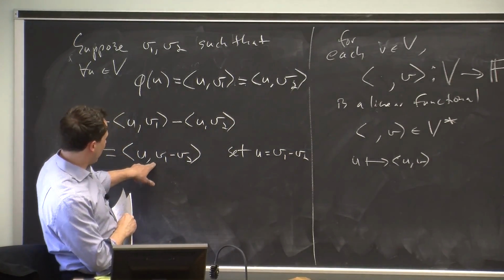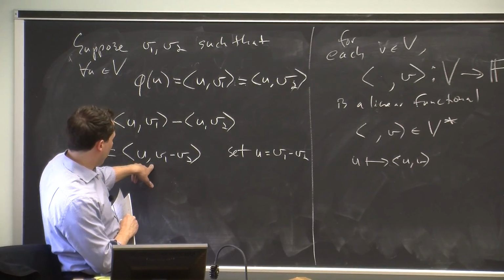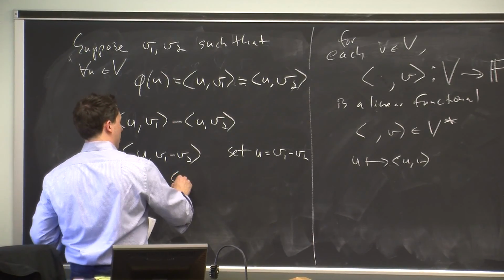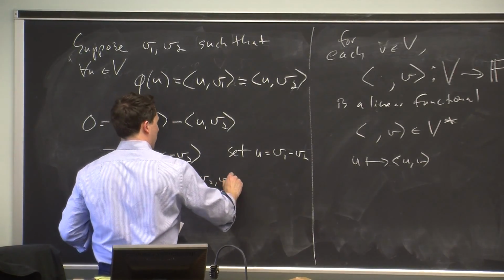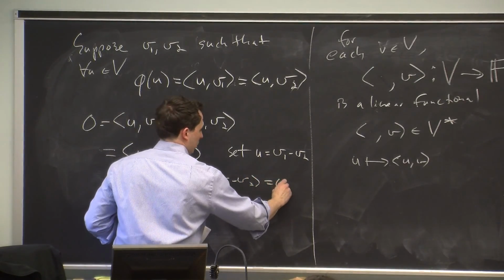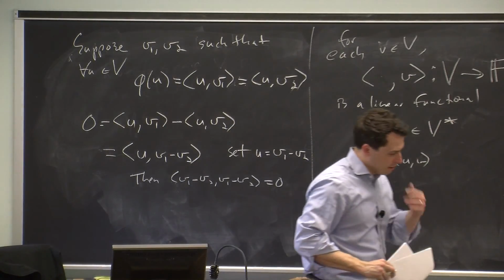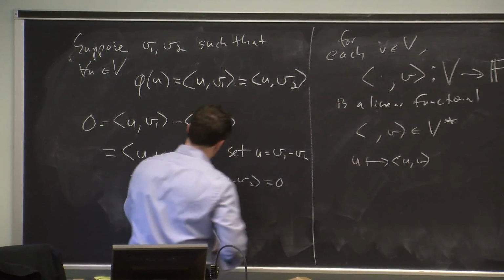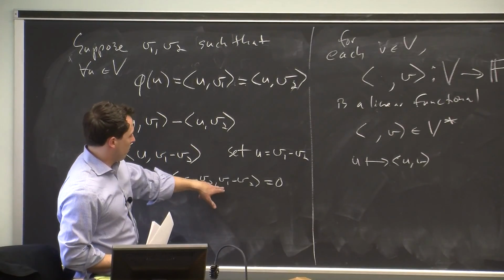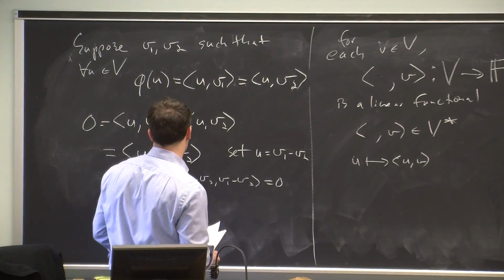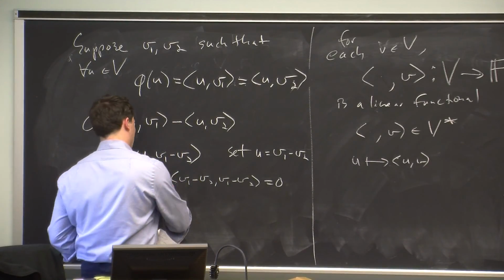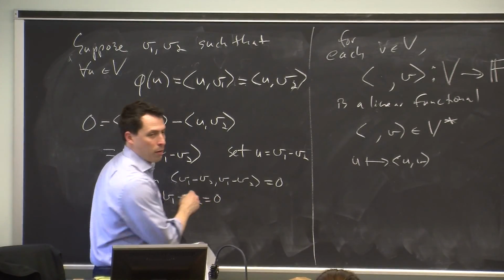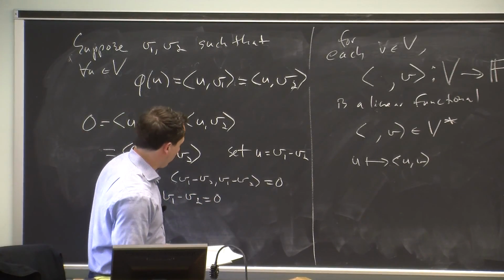Then the requirement that this is 0 tells me that v1 minus v2, inner product with v1 minus v2, is equal to 0. And so it must be that v1 minus v2 is in fact the 0 vector. And so v1 equals v2. And in fact, there was only one such thing.